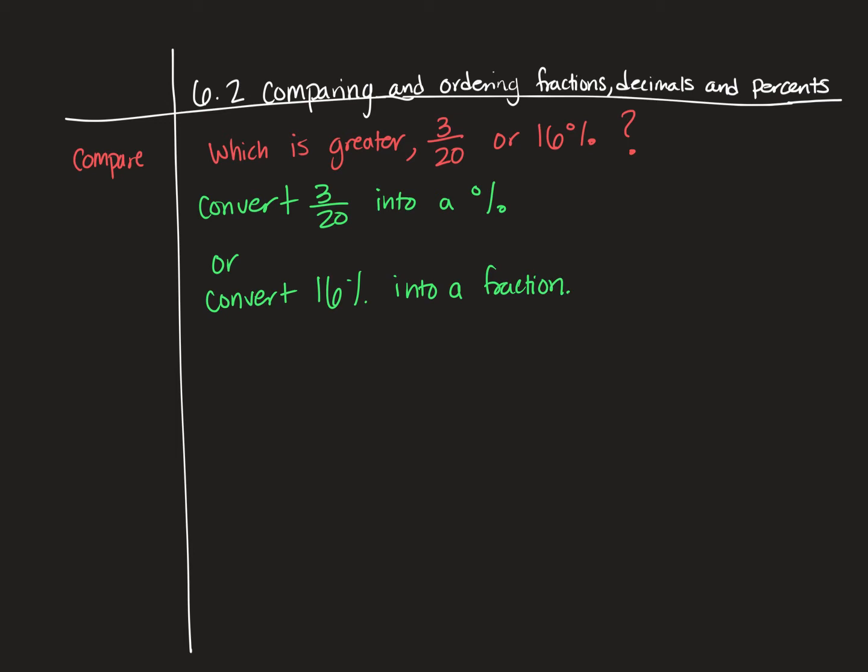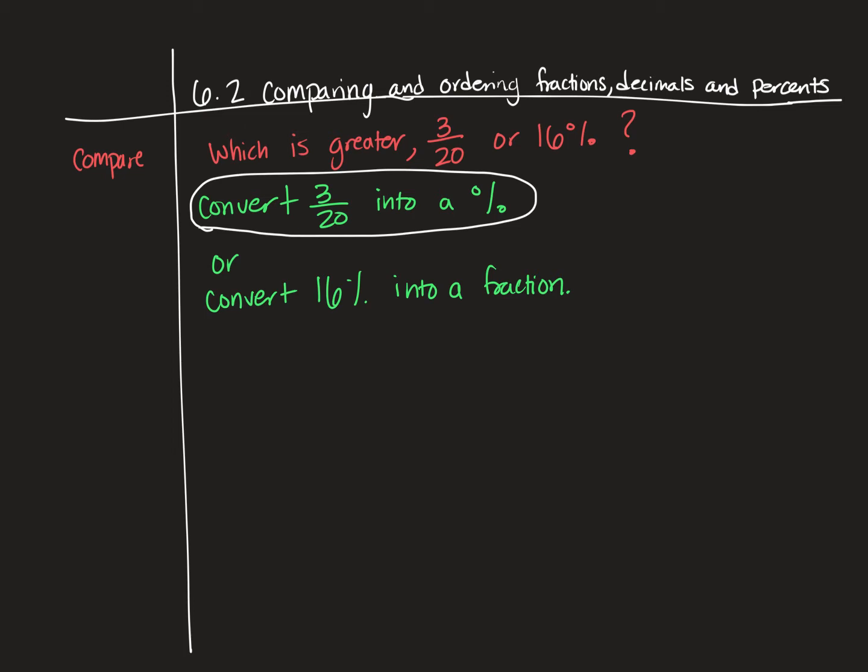I'm going to be your friend right now, and I'm going to tell you, if you have fractions, you want to convert the fractions. You want to get rid of the fractions. Because if you convert 16% into a fraction, if they don't have the same denominator, it's going to be even harder to compare them. It's harder to reason and conceptually understand the quantity of the fractions. So let's convert 3/20 into a percentage.